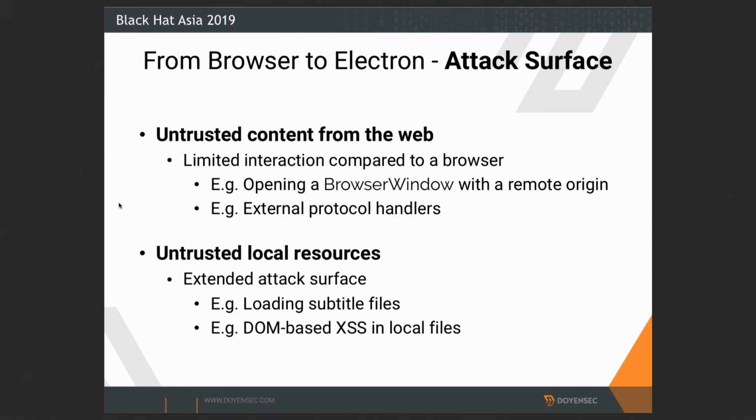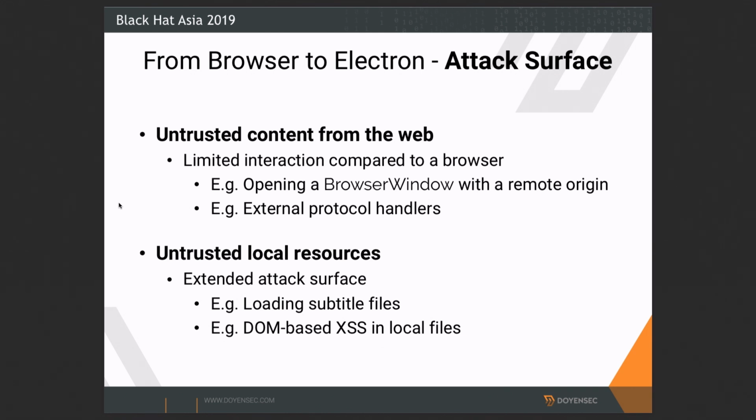If we think about untrusted content from the web, well, that's why we have a browser. A browser gives the ability to browse to random websites, which is usually not possible in an Electron application, unless you're building a browser in Electron, which is highly discouraged.